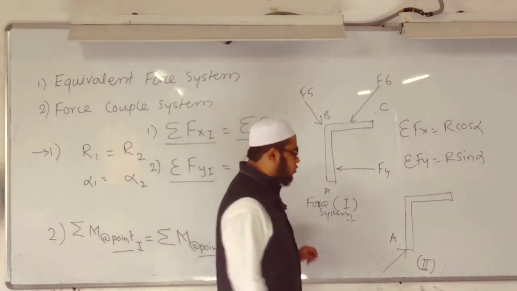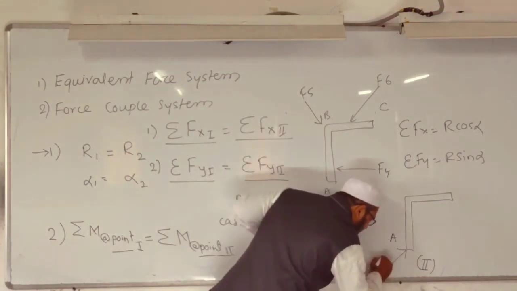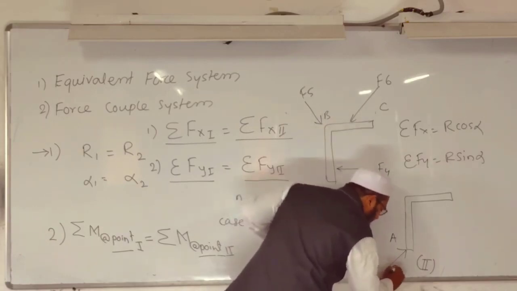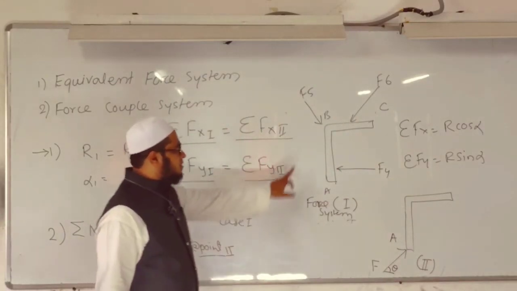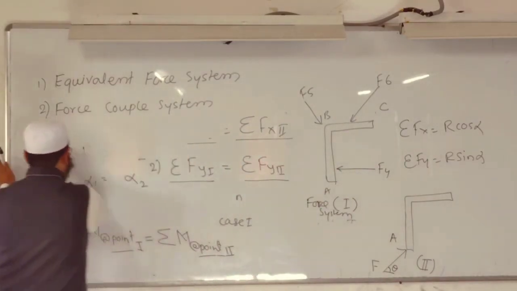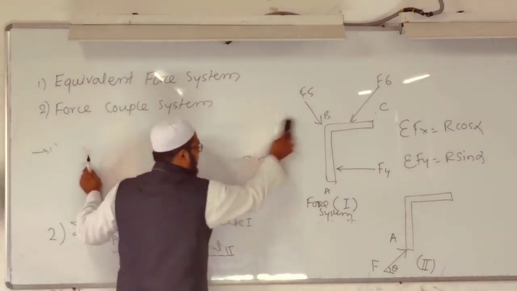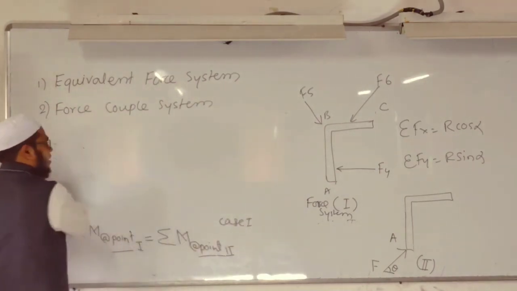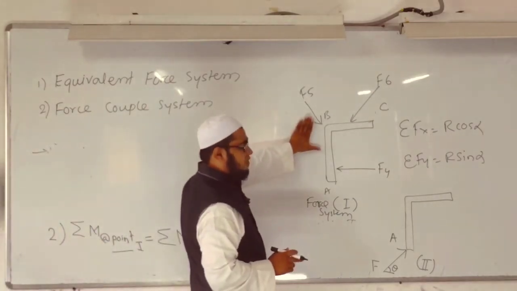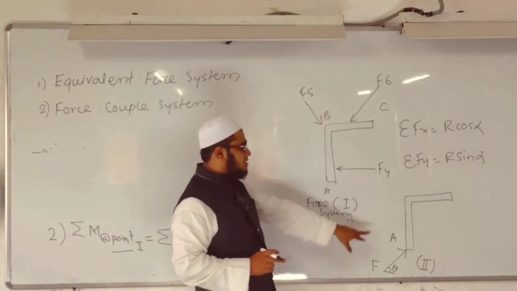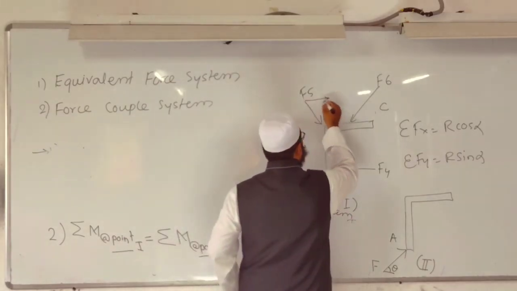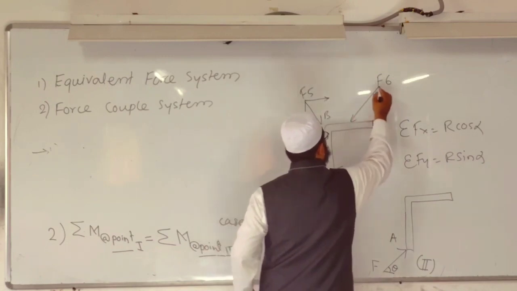In the second force system we don't know what is the magnitude of the force which is acting at A, so we will consider it as F. What is the angle? We will consider it as theta. Now the first force system and second force system are in front of you. Now what will I do? I will obtain the summation Fx of first and summation Fx of second. Very simple. For obtaining horizontal and vertical, I have to resolve.